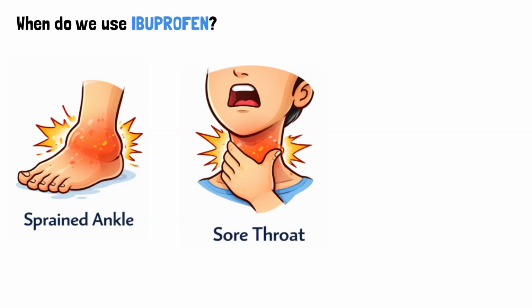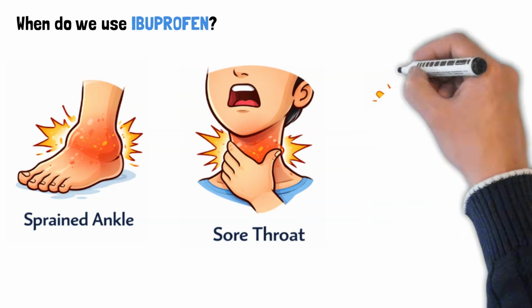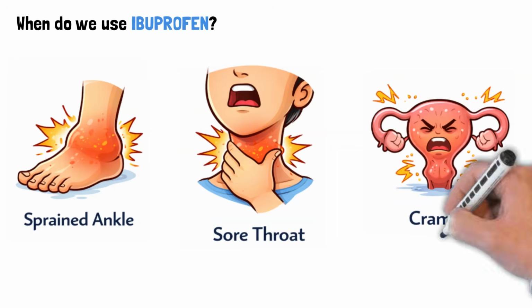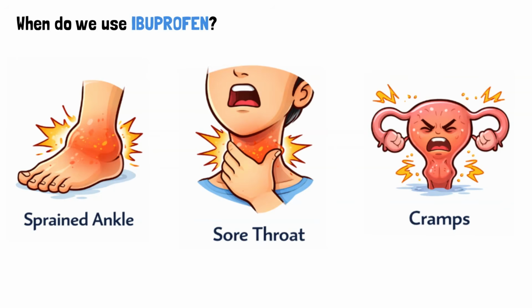So it's the same idea. Those prostaglandins are part of what make it feel kind of raw and swollen. So ibuprofen can help reduce the swelling and the pain. We can also see ibuprofen or any NSAIDs used for period cramps. Prostaglandins in the uterus drive contractions. So lowering prostaglandins often helps with cramps in women.